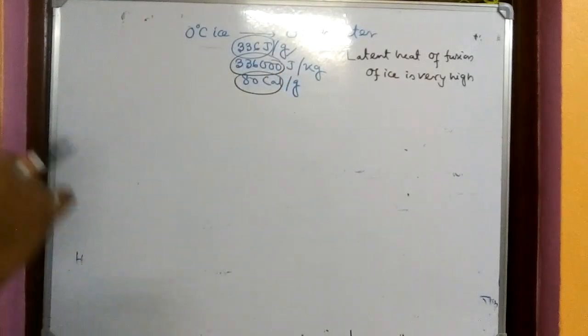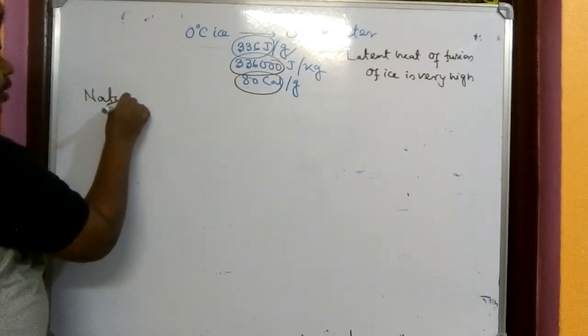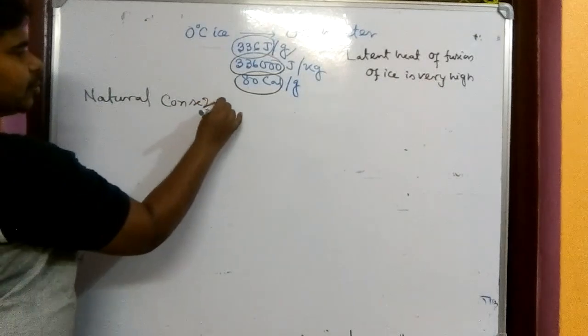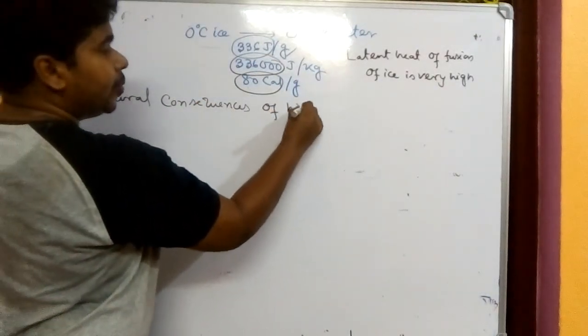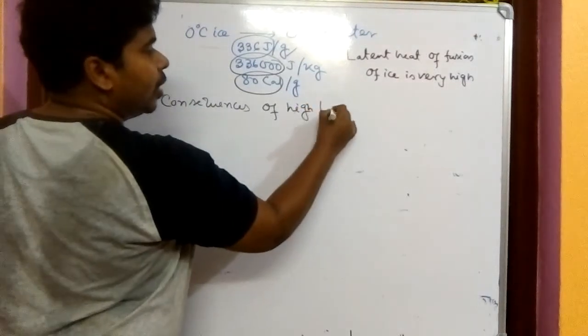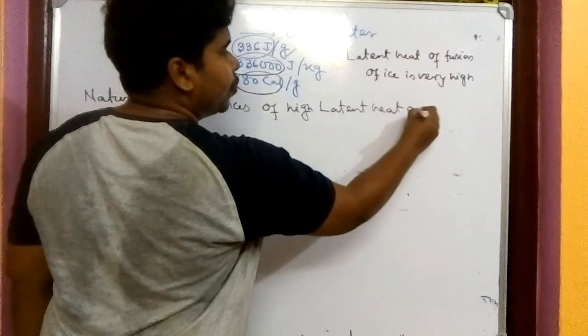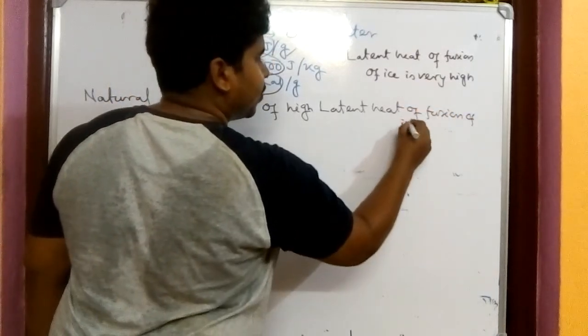Now we have to learn the last part, that is the natural consequences of high latent heat of fusion of ice.